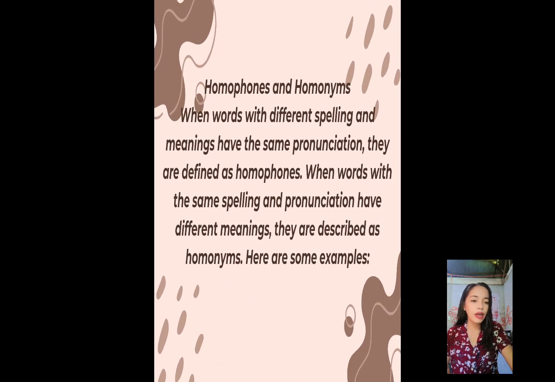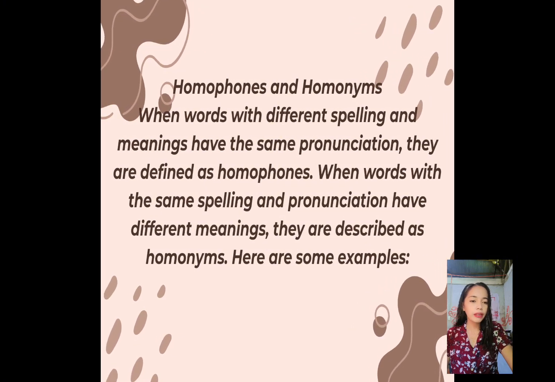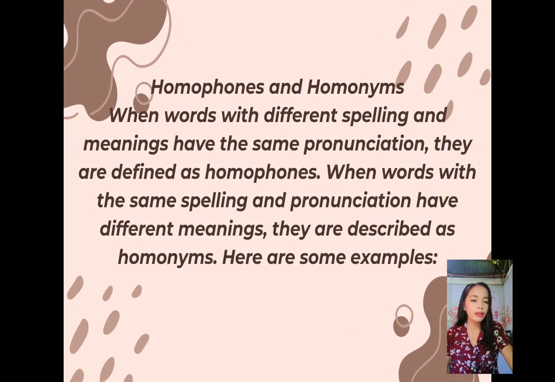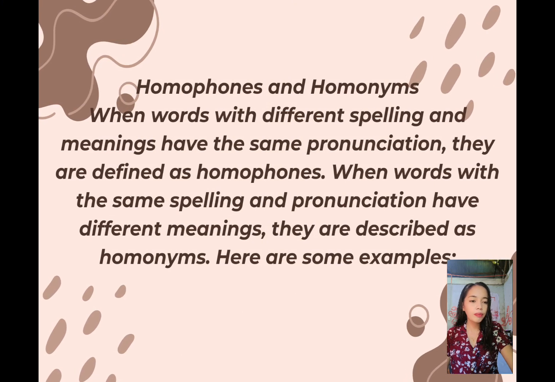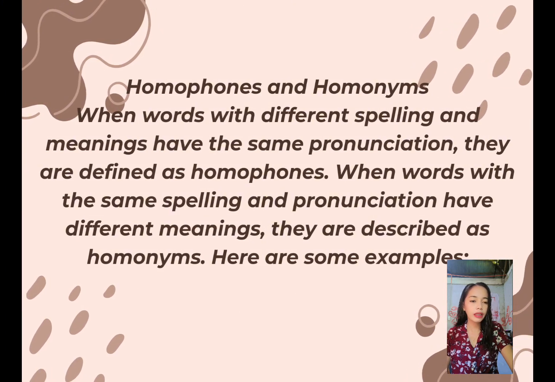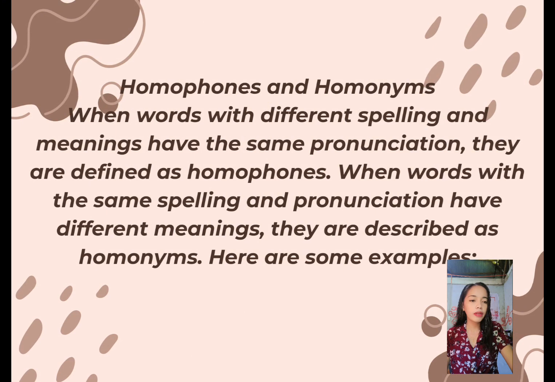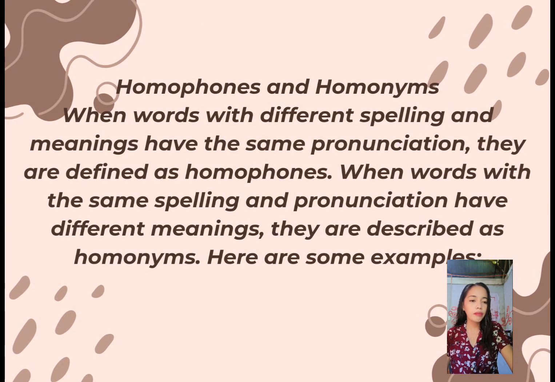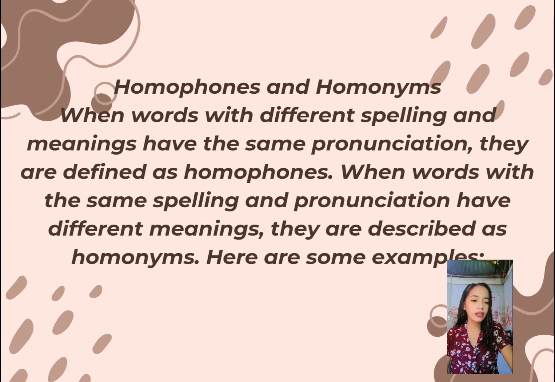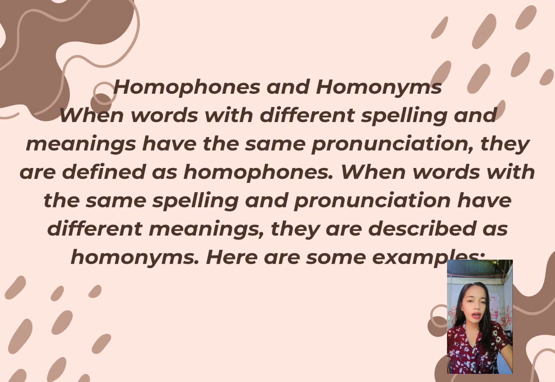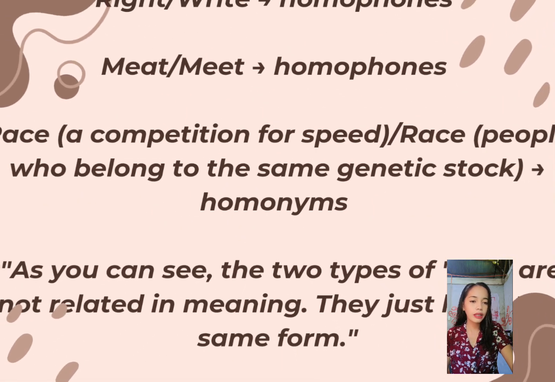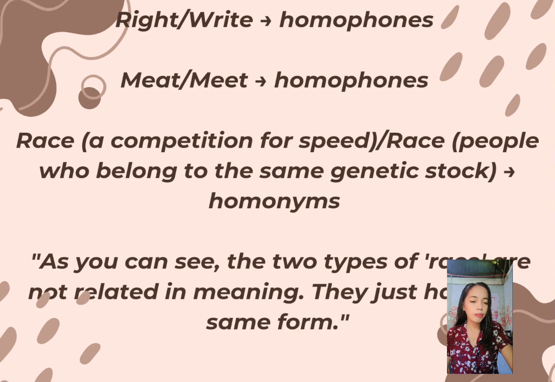Homophones are words with different spelling and meaning but the same pronunciation. Homonyms are words with the same spelling and pronunciation but a different meaning. Some examples: write and right are homophones, meet and meat are homophones.